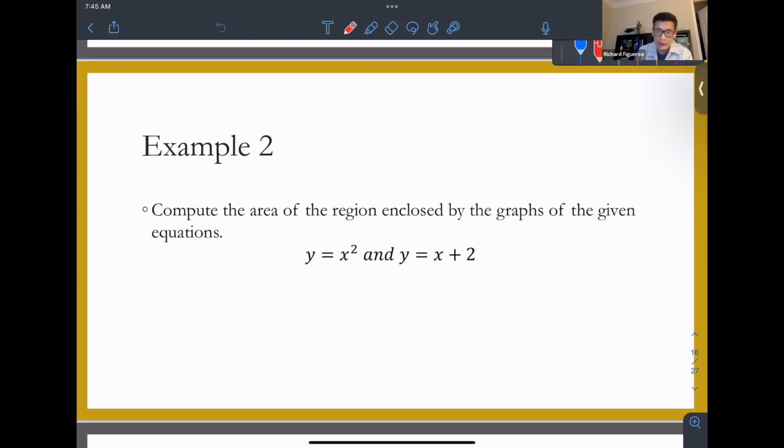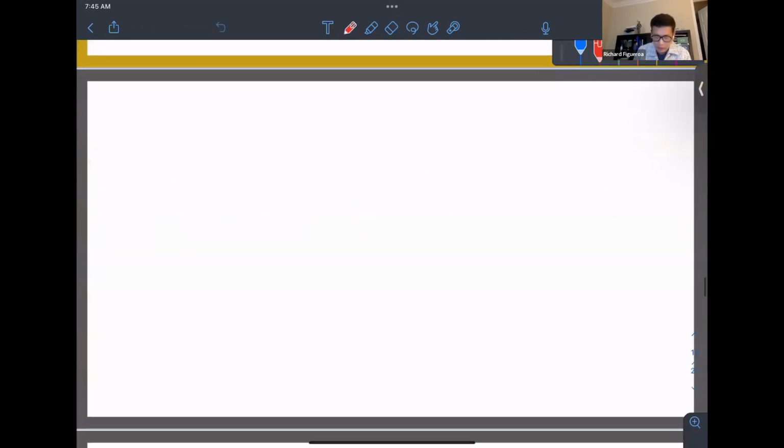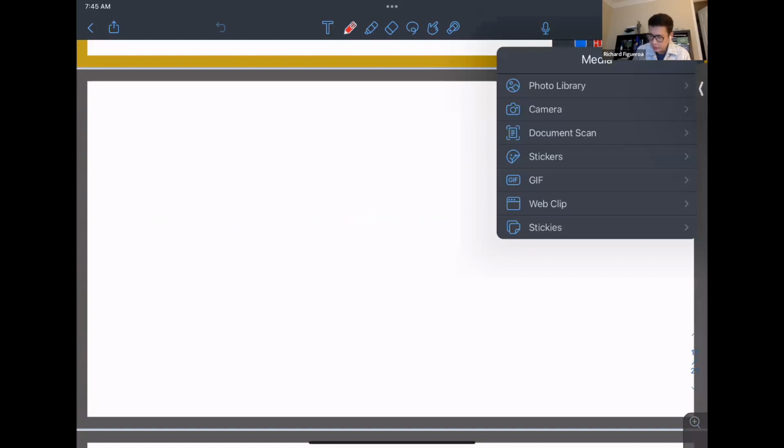Since this is just a plain y equals x squared, that means this is a parabola whose vertex lies at point (0, 0), or at the origin. And then the second one is y equals x plus 2. We can easily graph this one by getting the x and y intercepts, which I'll be showing later on.